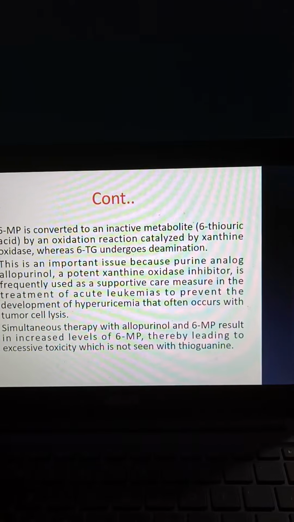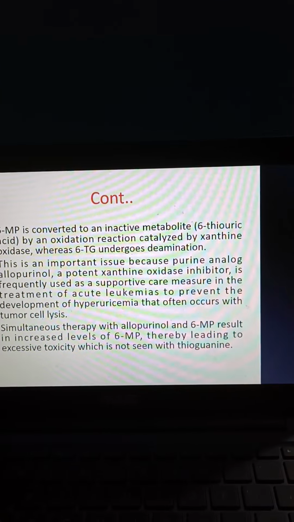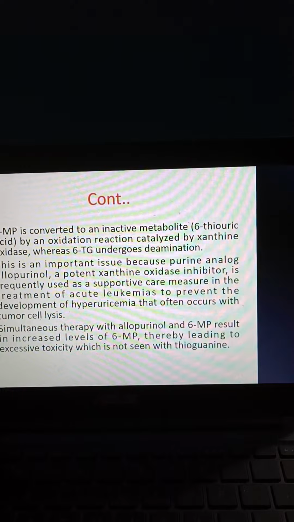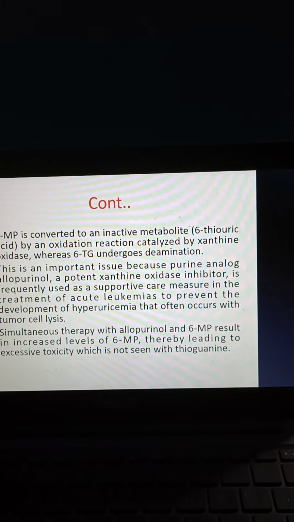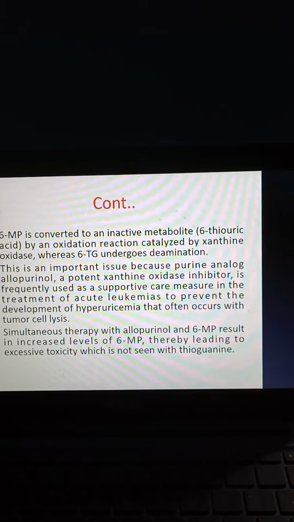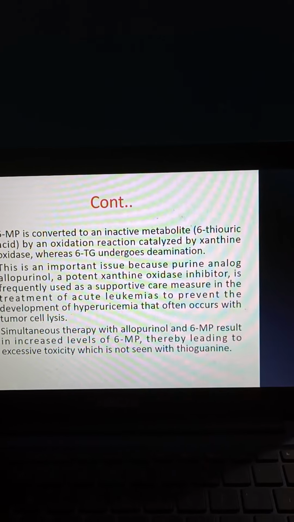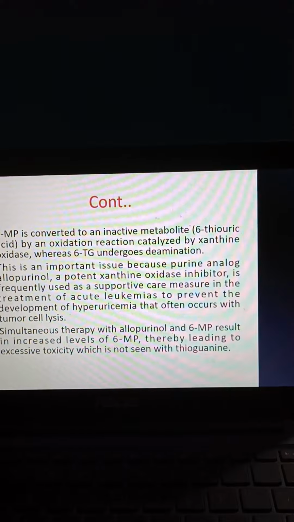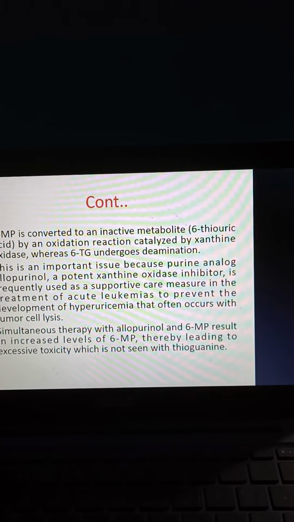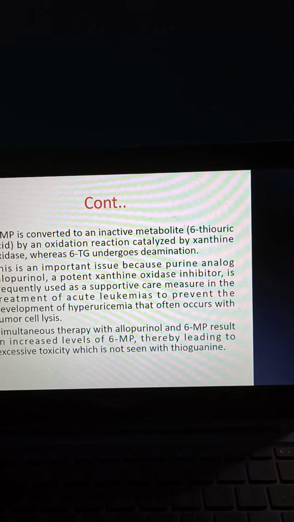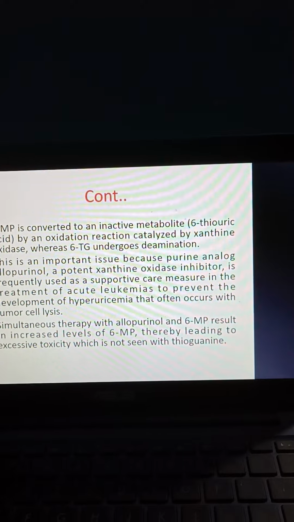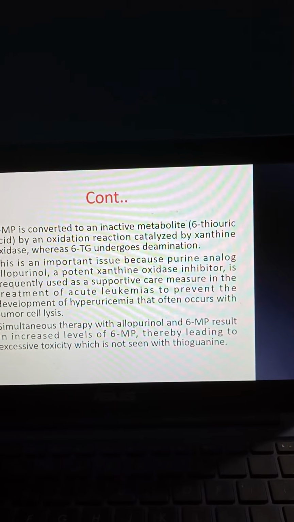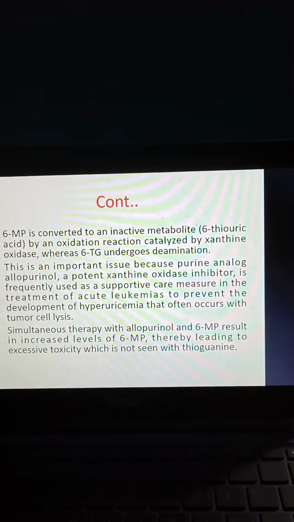This is an important issue because the purine analog allopurinol, a potent xanthine oxidase inhibitor, is frequently used as a supportive care measure in the treatment of acute leukemias to prevent the development of hyperuricemia that often occurs with tumor cell lysis. Simultaneous therapy with allopurinol and 6-MP results in increased levels of 6-MP, thereby leading to excessive toxicity, which is not seen with thioguanine.